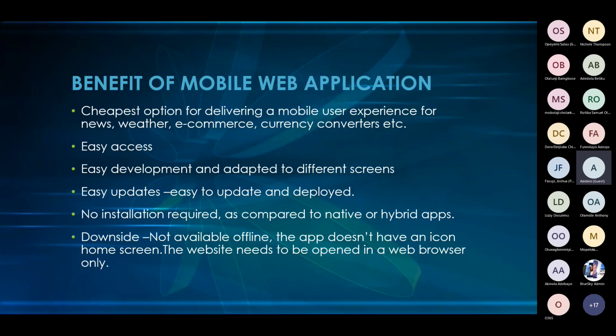Easy development and adapted to different screens: this is basically because you just build the website, and once you have the website, people can have access to it. That is it. You are not doing anything else aside from that. And no matter the size of your mobile device, you will always have access to it.